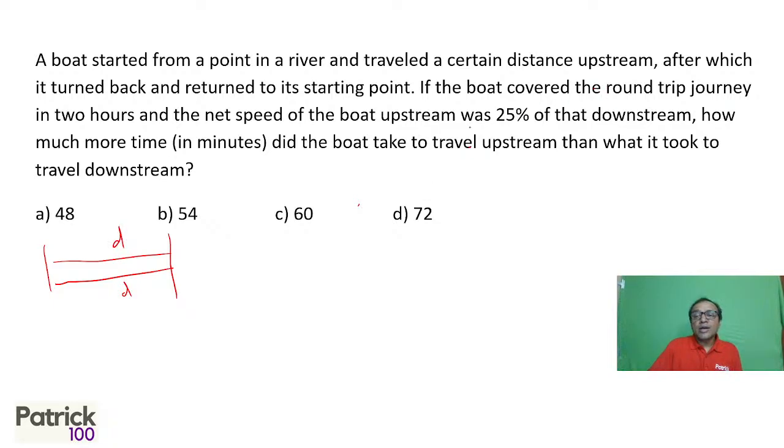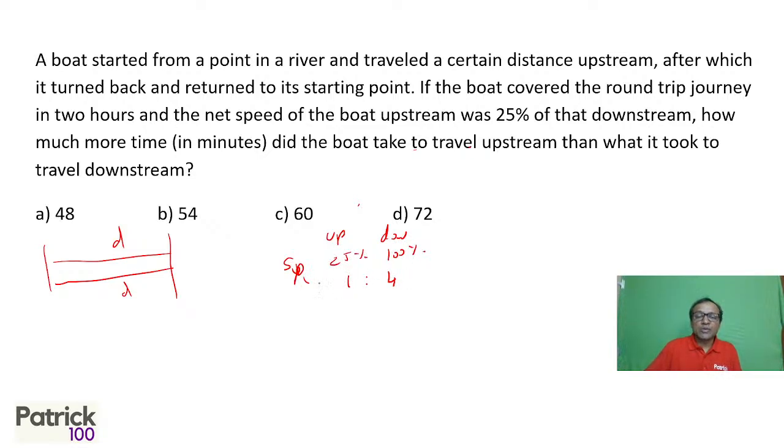The boat covered the round trip journey in 2 hours. If you look at the speed they've given, they mentioned the ratio of the speed for upstream and downstream. The net speed upstream was 25% of downstream, which means a 1:4 ratio.